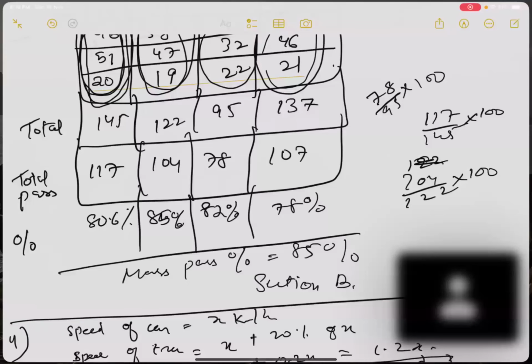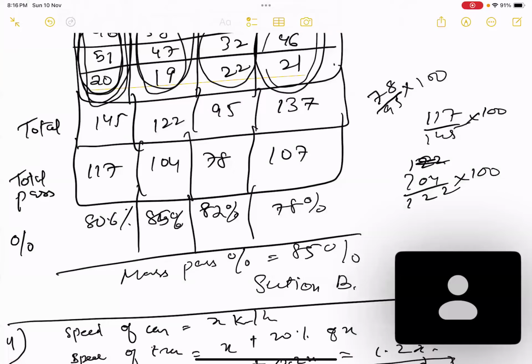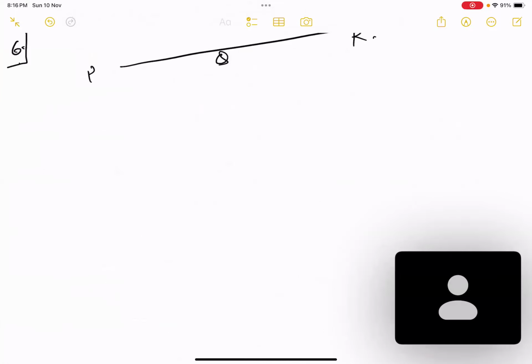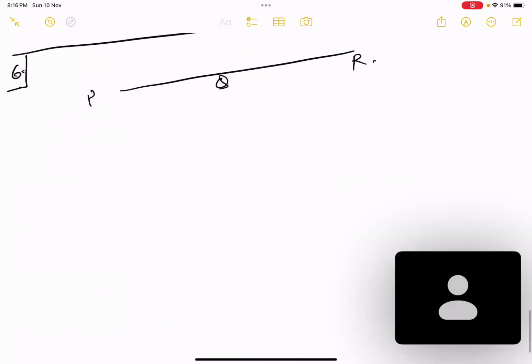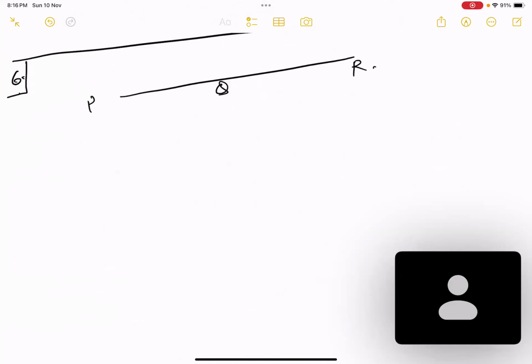So here the question is, three towns which are located on a straight line, and R is between P and Q. The distance from P to R is 100 kilometers.